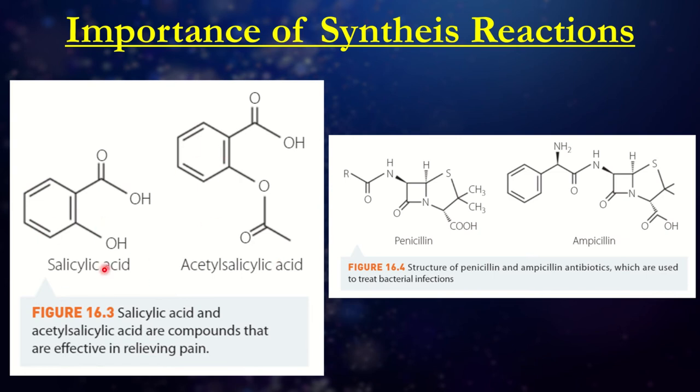So we have salicylic acid, that's used as a common pain relief tablet. We have penicillin, and it's great as an antibiotic to treat bacterial infections. So these are some really fundamental medical related synthetic reactions. We also see it in common commercial use purposes as well.